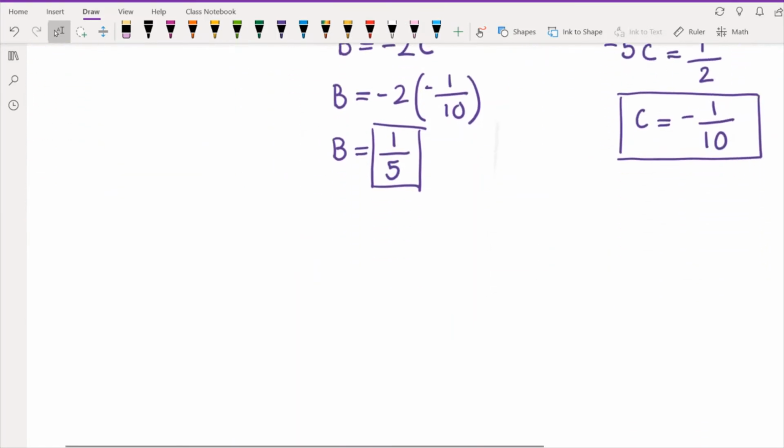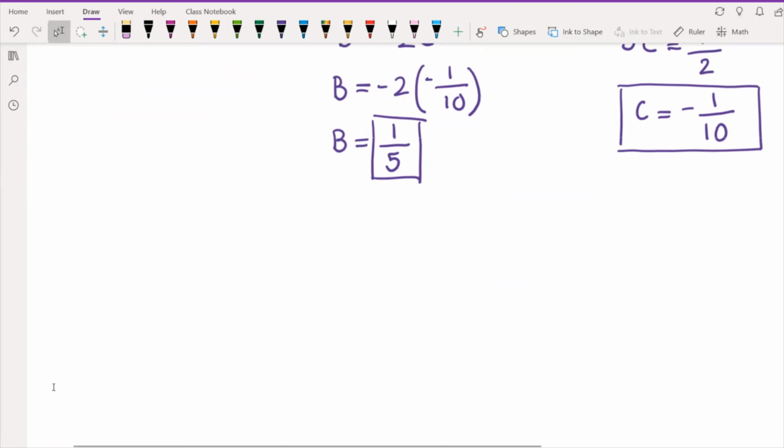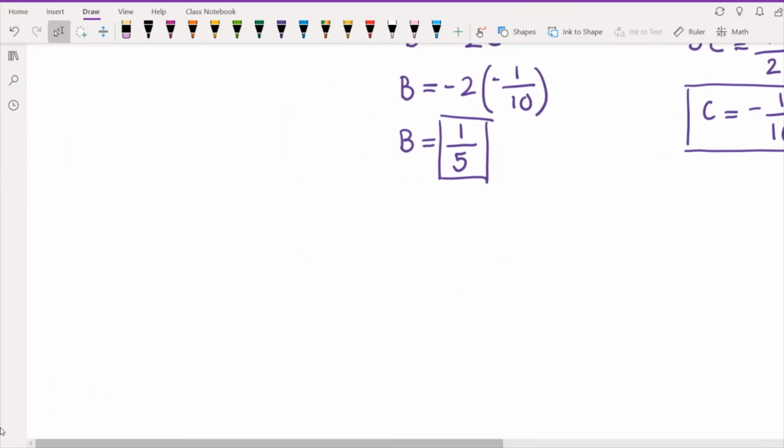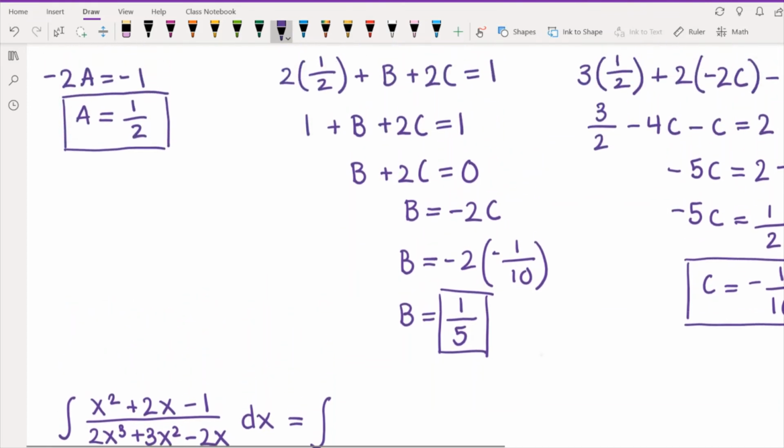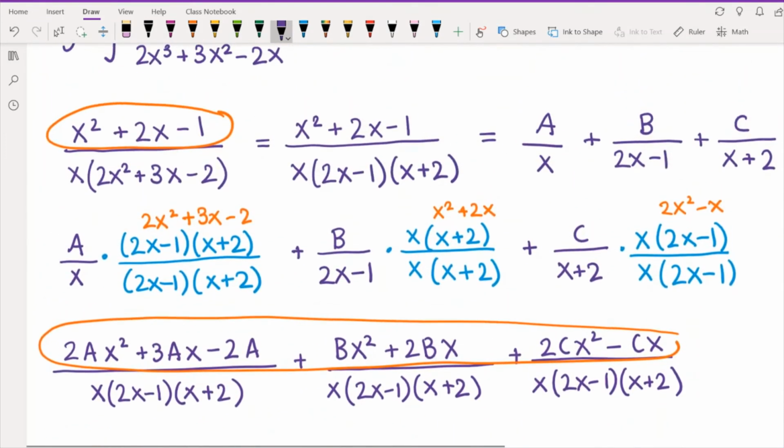So our original integral was the integral of x squared plus 2x minus 1 over 2x cubed plus 3x squared minus 2x. So now we know that we can break this down into 3 different fractions. So let's remind ourselves what all these numbers represent. So a was the numerator of this one, right, of x.